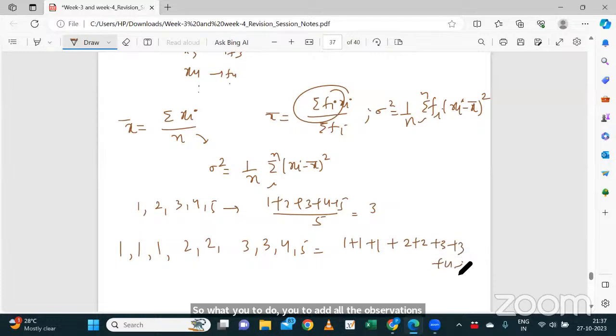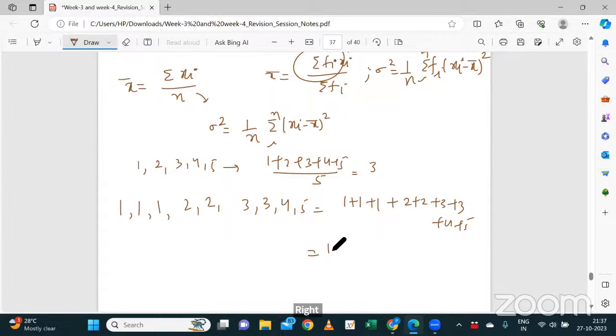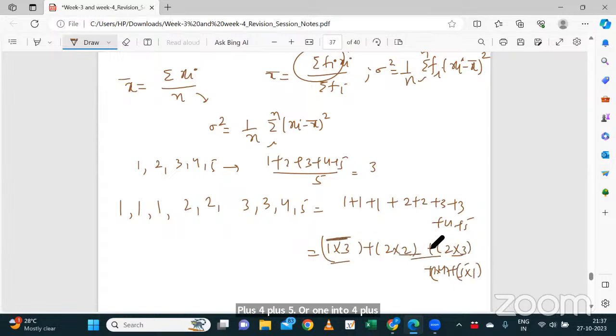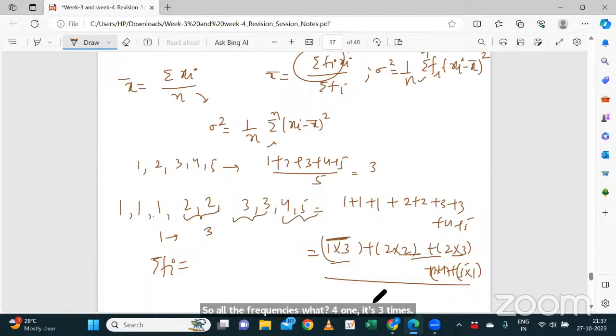Rather than doing it like this, can I simply say 1 into 3 plus 2 into 2 plus 3 into 2 plus 4 plus 5, that is the frequency of each observation? Now how many observations do you have? You have a total of 9 observations. If I add all the frequencies, for 1 it's 3 times, then 5, then 7, then 9, so divided by 9. Got it? Why are we doing it like this?